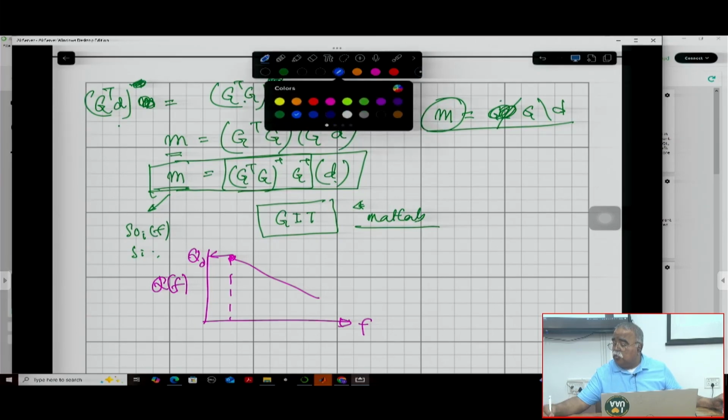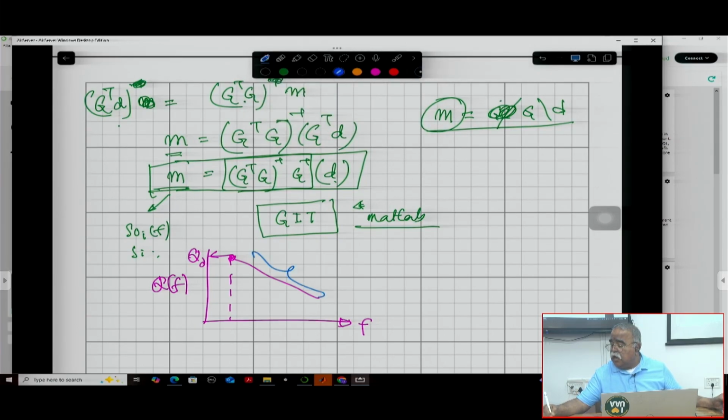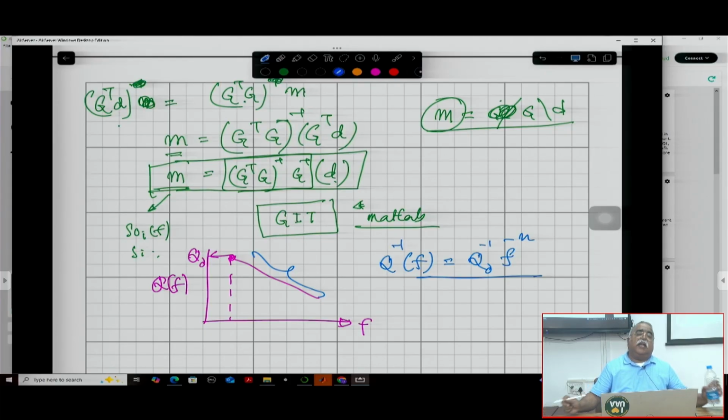So the slope will indicate how it varies with the frequency. Therefore Q_F equals Q0 into f to the power n. So that you can calculate, minus Q_F inverse. Okay, so that you can calculate it out.